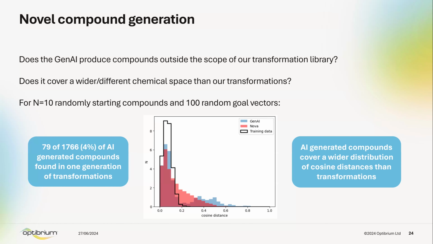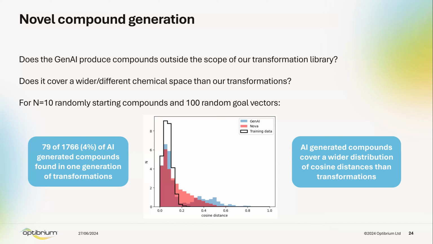So the first of these, novel compound generation. We're looking for compounds outside the scope of our transformation library and compounds that are outside the training data set. Almost all of the compounds that are generated are outside the training data, which is perfect. And it also covers a different, complementary chemical space than our transformation libraries. This graph here is showing in red the compounds produced by the NOVA transformation library as a function of cosine distance from the starting point in fingerprint space.